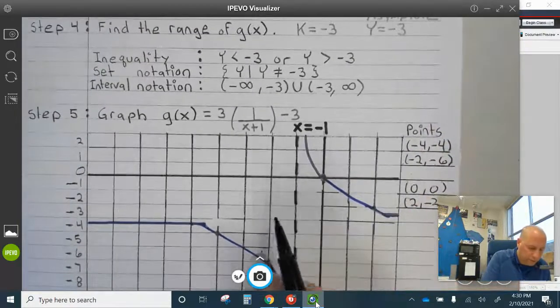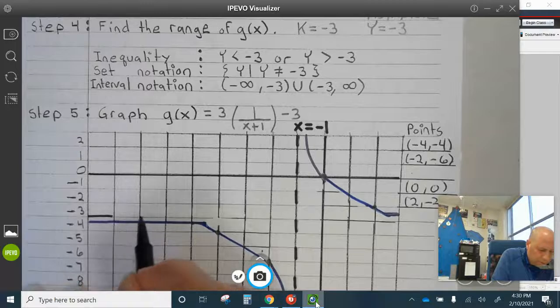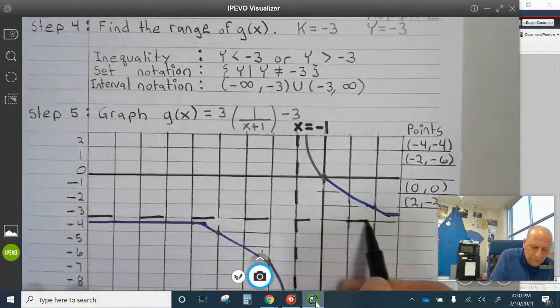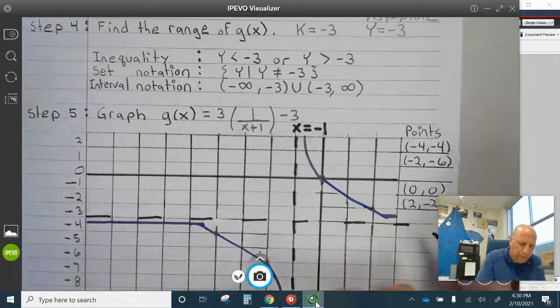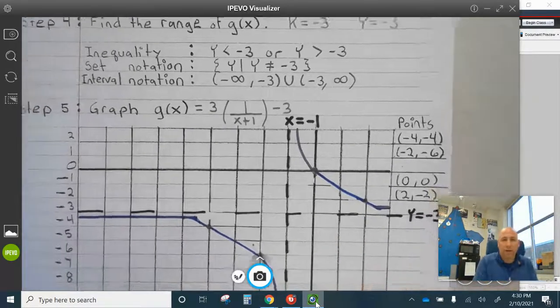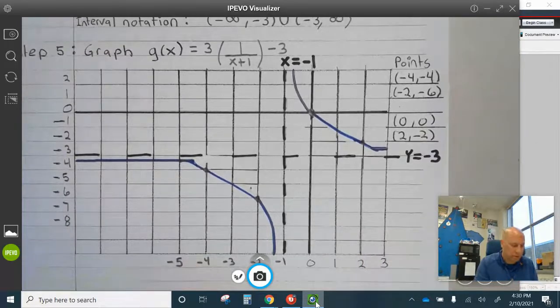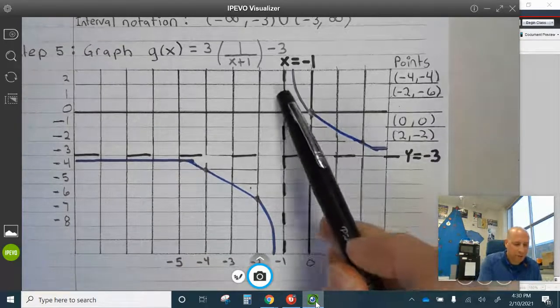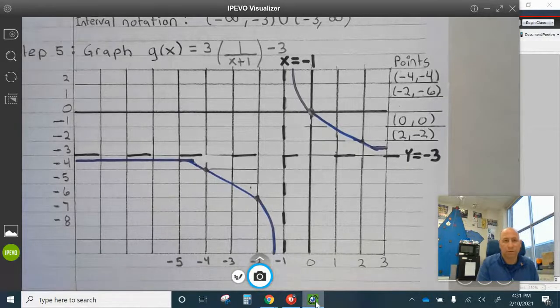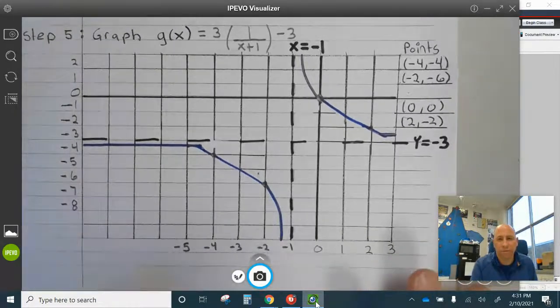So -1, -2, -3. So you can see here that we have an asymptote at y equals -3. And the curve lies between the asymptotes. Okay? All right, so go ahead and finish up the graph for step 5.